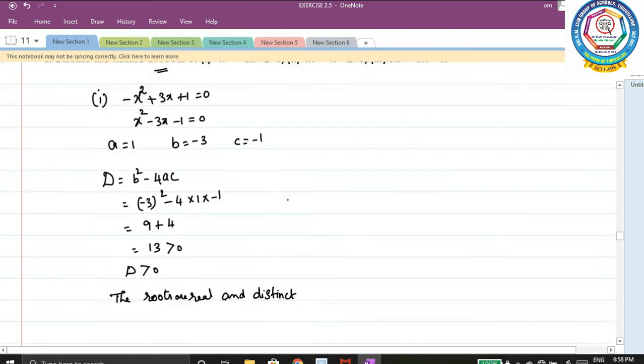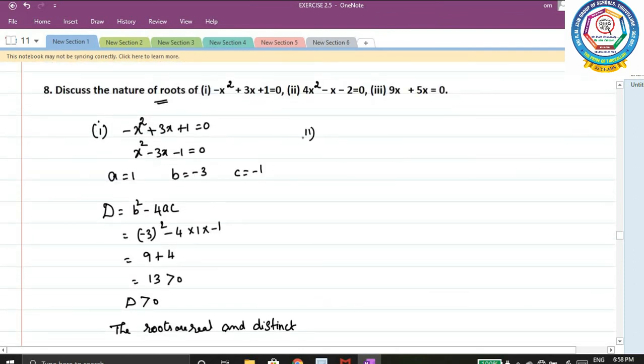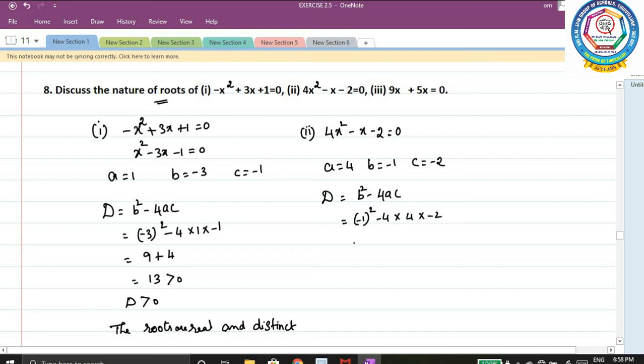Second subdivision, 4x square minus x minus 2 equal to 0. From this equation, we have to write what a, b, c are. A is equal to 4, b is equal to minus 1, c is equal to minus 2. We have to find the discriminant, that is d. d is equal to b square minus 4ac. Here, minus 1 the whole square minus 4 into a is 4, then c is minus 2.